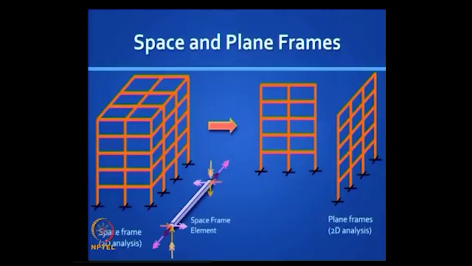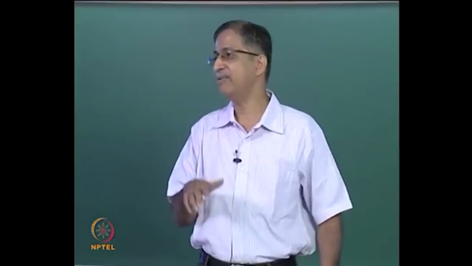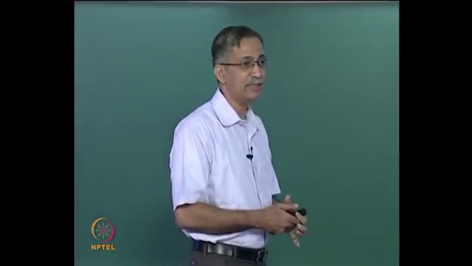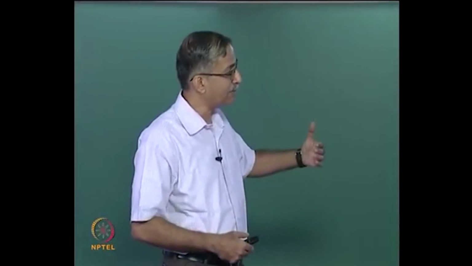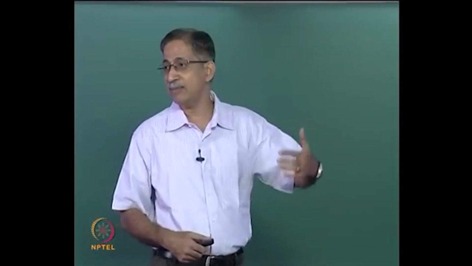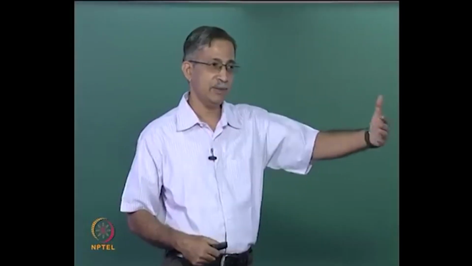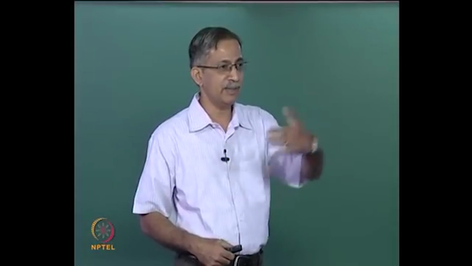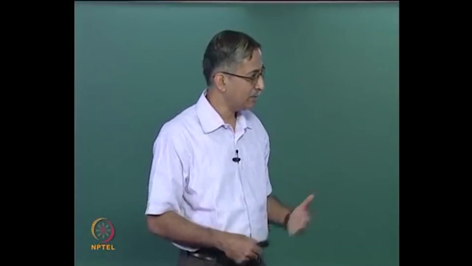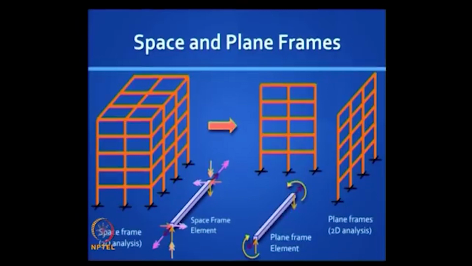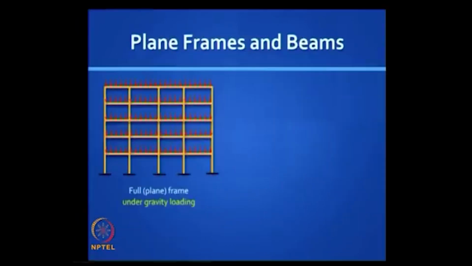They will interact, for example, if the building twists, but if it does not, if it is a kind of a regular symmetric structure, we can make this idealization. And if it is a long building, all the plane frames are identical, so you need to analyze only one of them or maybe two of them, an intermediate frame and end frame. So it becomes much simpler. This is how it is handled, and that is a plane frame element.